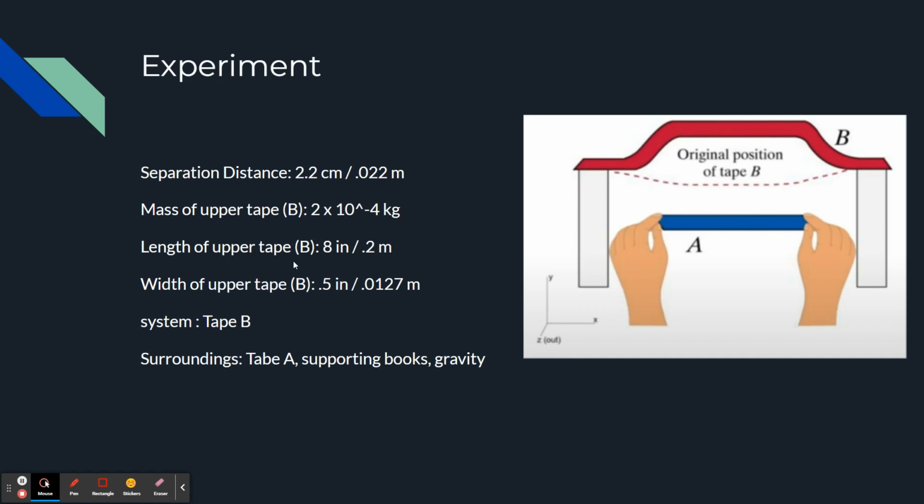The length of the upper tape is 8 inches, or 0.2 meters. And lastly, the width of the upper tape here is 0.5 inches, or 0.0127 meters. The system for this experiment is going to be tape B, and the surroundings are going to be tape A, the supporting books, and gravity.